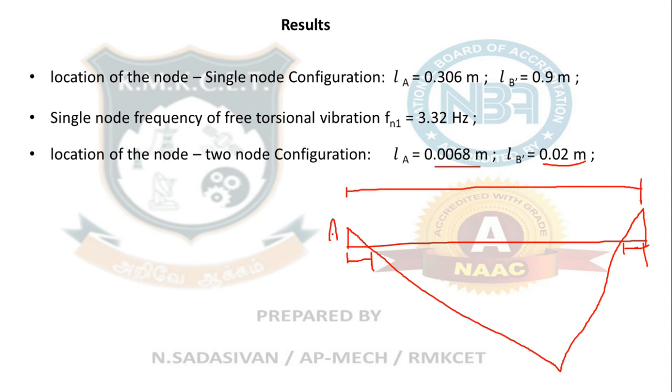So this is your rotor A. The nearest node from rotor A is 0.0068 meter, so around 6.8 millimeter. Similarly, from here it is 20 millimeter. The remaining middle portion has a different direction of strain energy, negative or positive, based on what you are considering for the extremes.